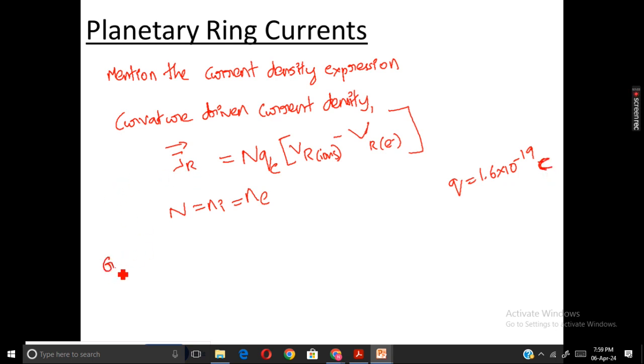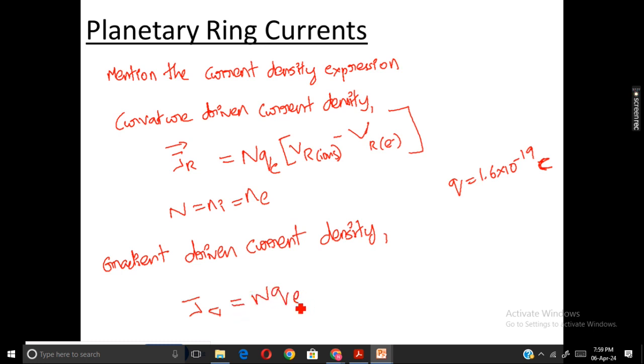We also have gradient driven current density, which is given as J_delta equals N Q times the same velocity: the gradient drift velocity of ions minus the gradient drift velocity of electrons.